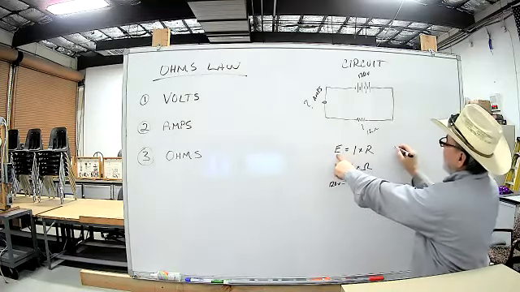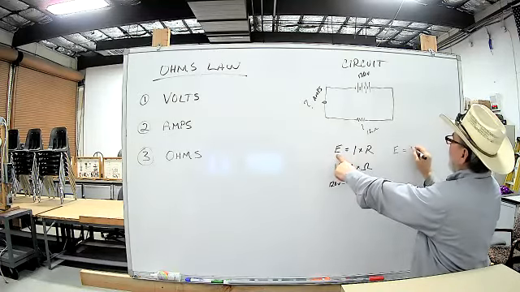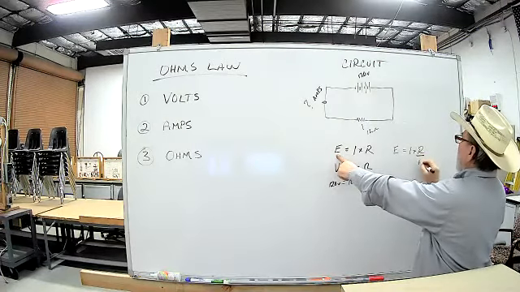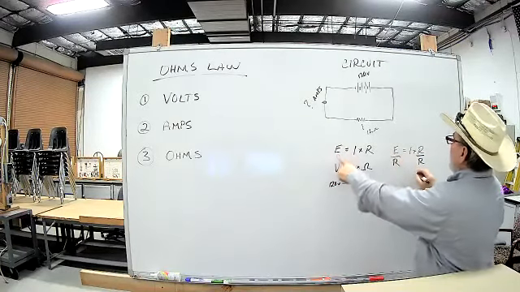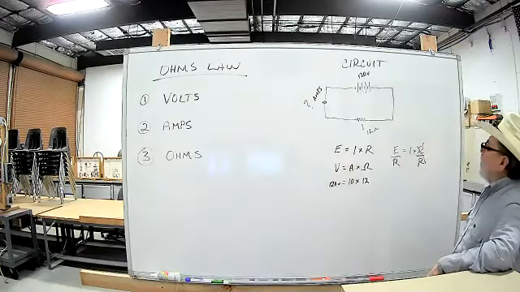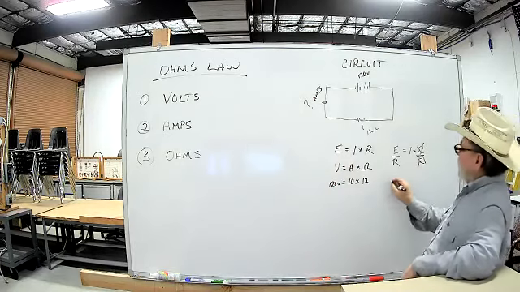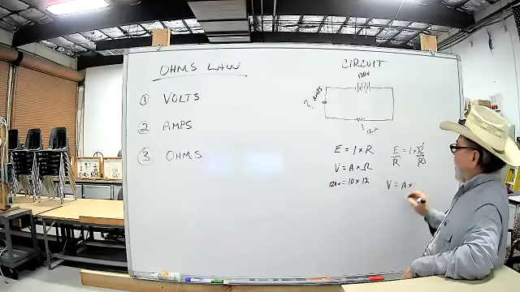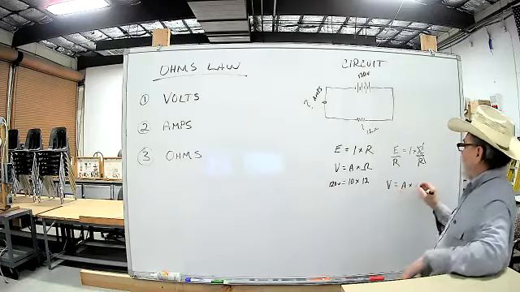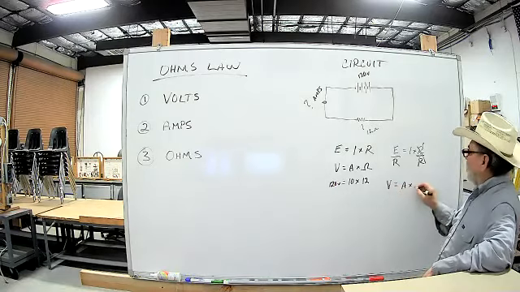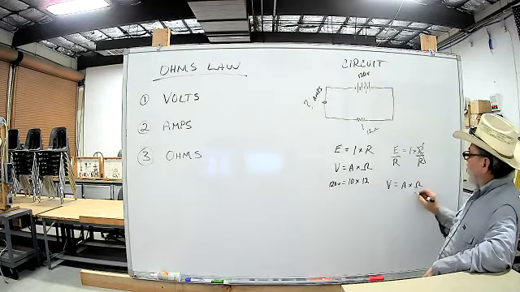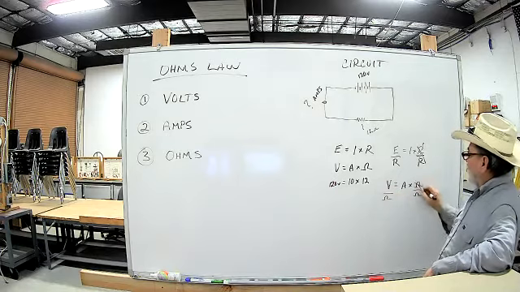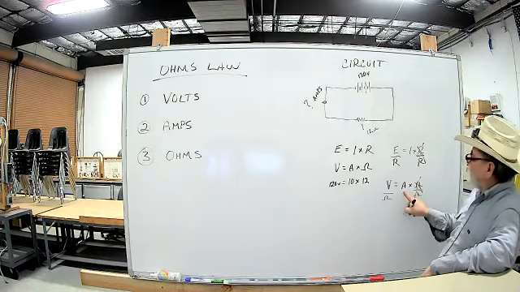So you would have E equals I times R. You divide both sides by R, and then this would cross itself out. So volts equals amps times your ohms. You would divide your ohms like this, so this would cross out and you could figure out your amps.